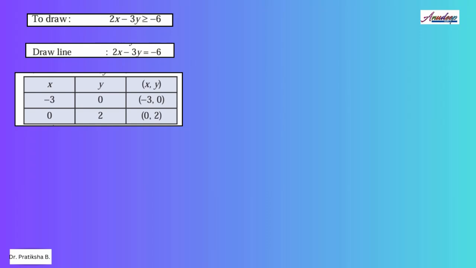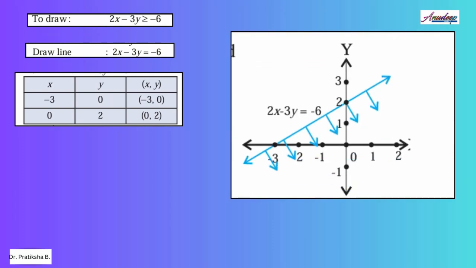Similarly, in the next case, we keep the variable x equal to 0 and we get the value of y equal to 2. So now we have defined two distinct points which satisfy the given equation. Let us plot them. As you can see on the screen, we have plotted the line. Now we need to shade the feasible region for the given constraint. We have to check whether the origin lies towards it.